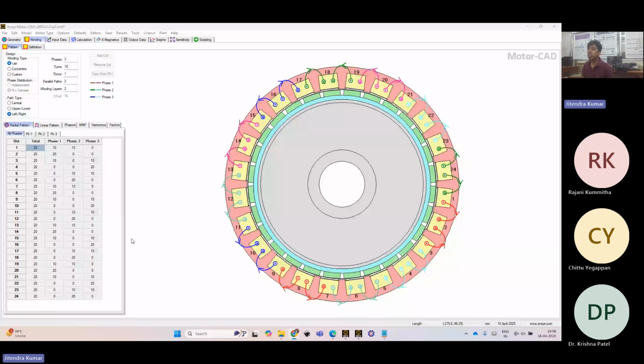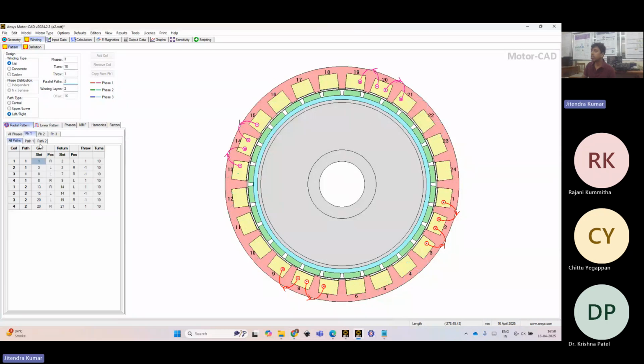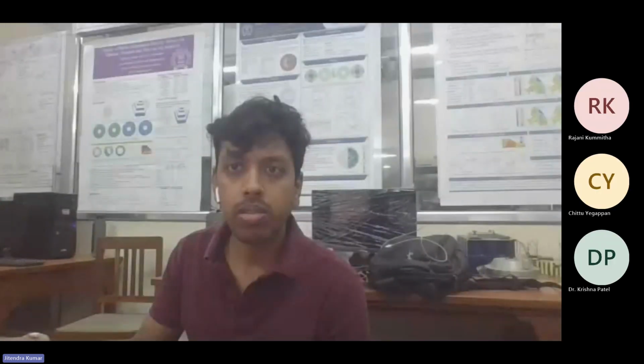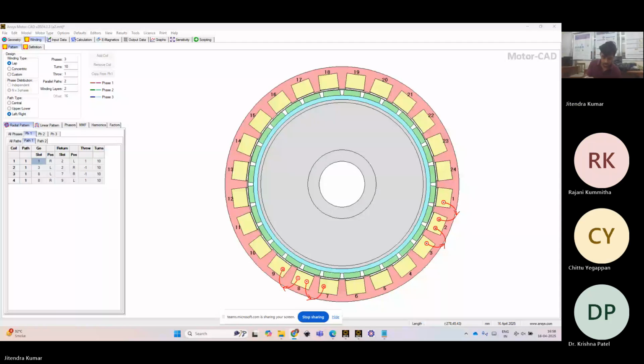I hope you are able to see my screen, right? Yes, sir. What happens, how these paths vary. You could see here, this is for phase one. Sir, I am not getting the screen, only the motor card. Is it visible now? No, sir. Madam, are you getting the screen?